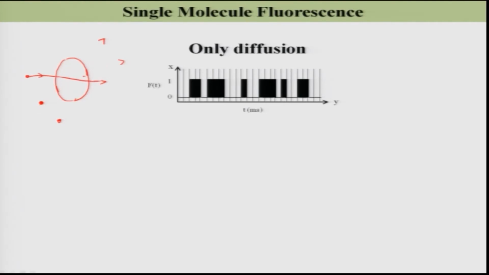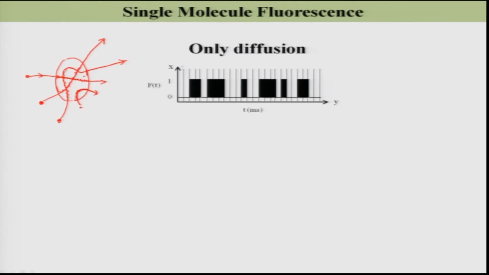So here the fluorescence is on for a short time, here the fluorescence is on for this time, and in this case the fluorescence is on for a much longer time. If the molecule comes this way, then the fluorescence is on for this time, right.